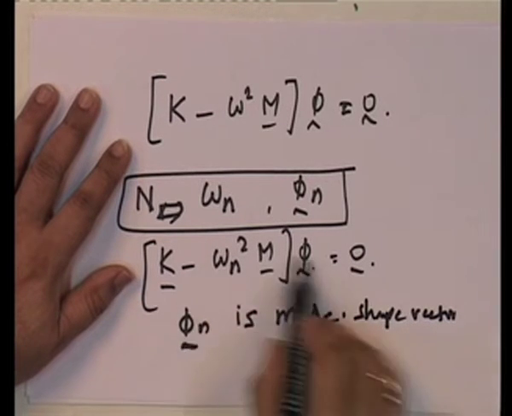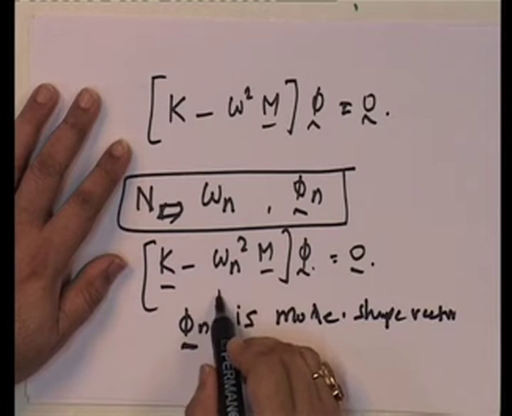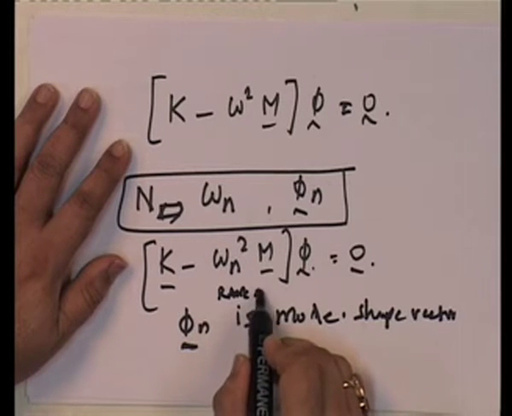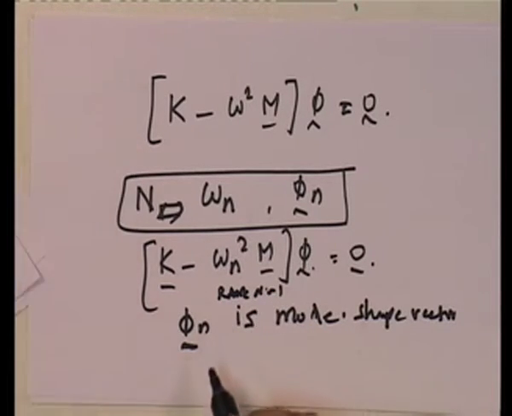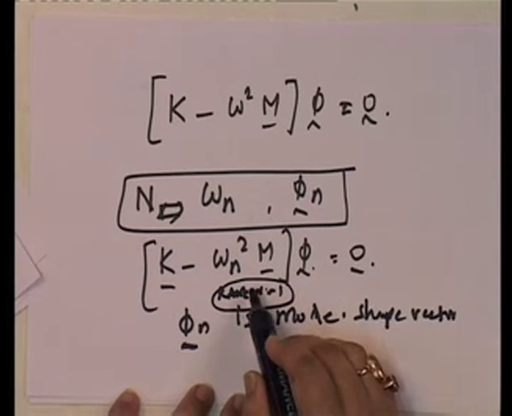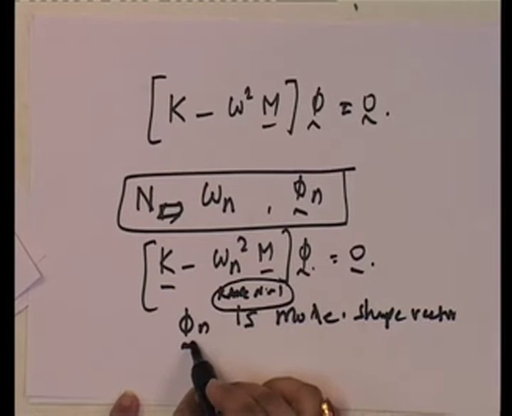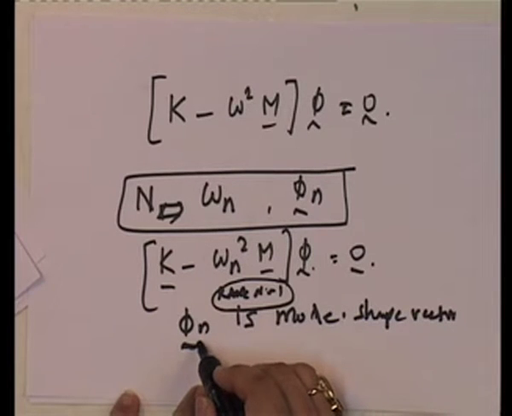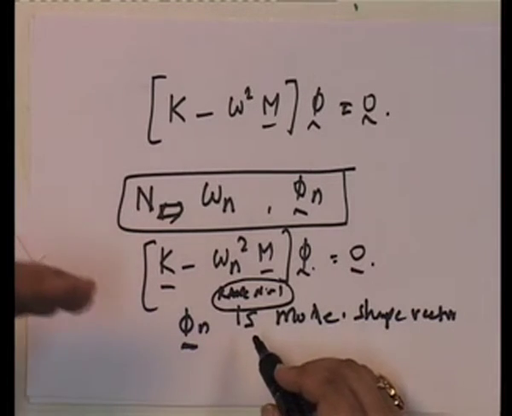Because if this determinant is 0, this problem becomes of rank n minus 1. Okay. The rank of the matrix is n minus 1. If the rank of the matrix is n minus 1, phi n cannot be obtained directly. It will always be obtained in such a way that you can get n minus 1 values in terms of another value. Okay. So, this is like a mode shape vector.